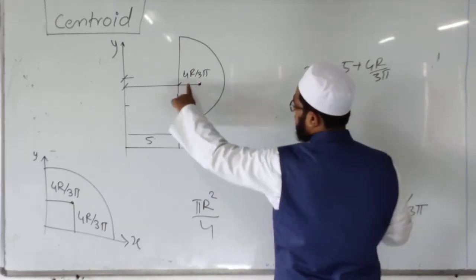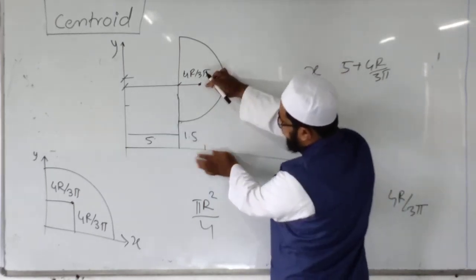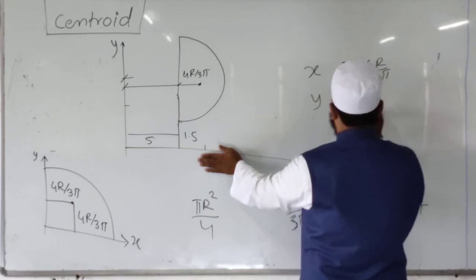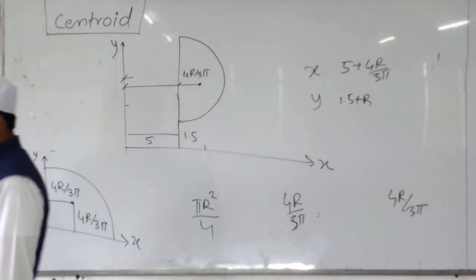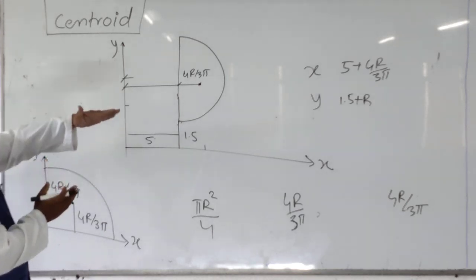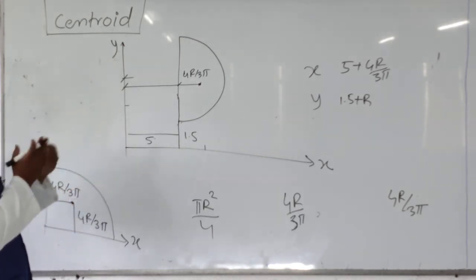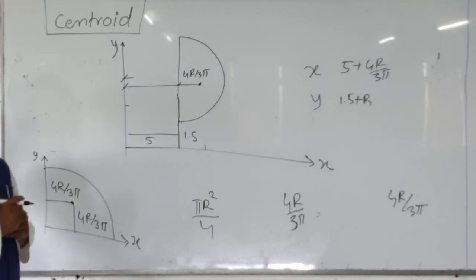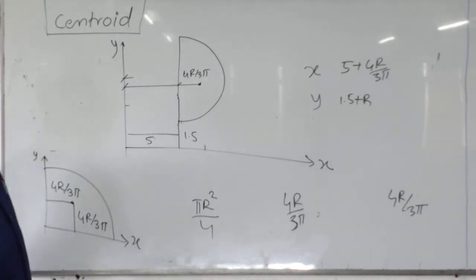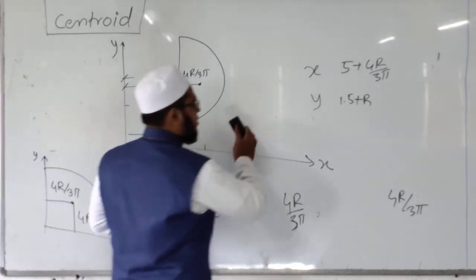And for y, I require this distance from x axis, so 1.5 plus r, like this. Means depending upon the position of the standard figures and position of the reference axis, we have to measure the coordinate of the point.